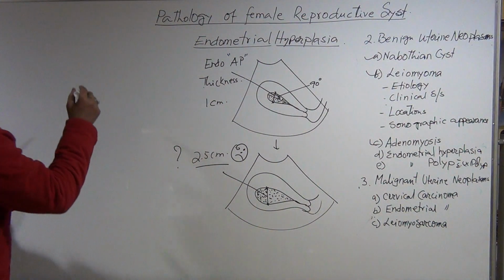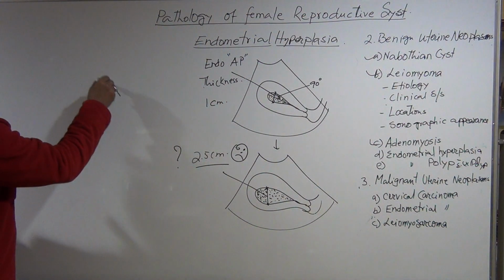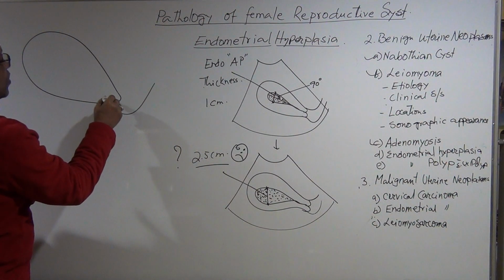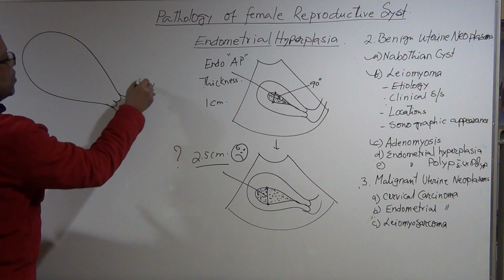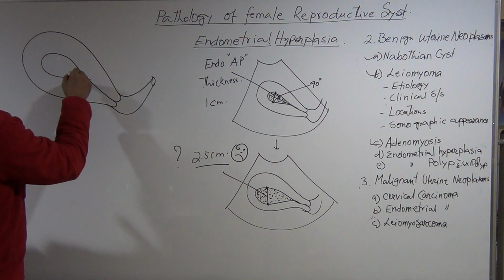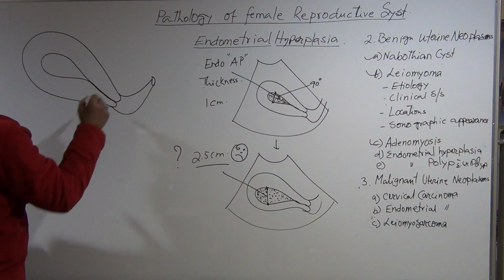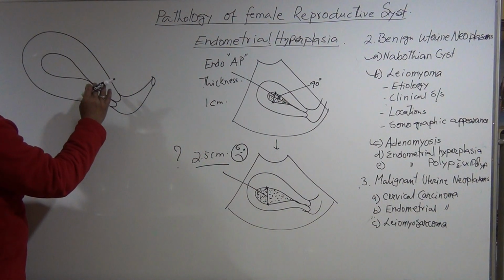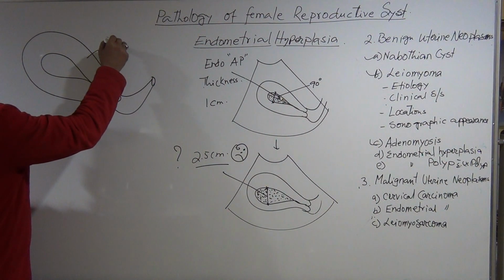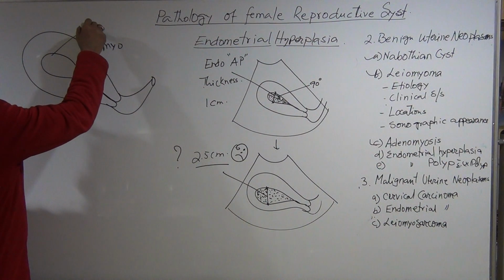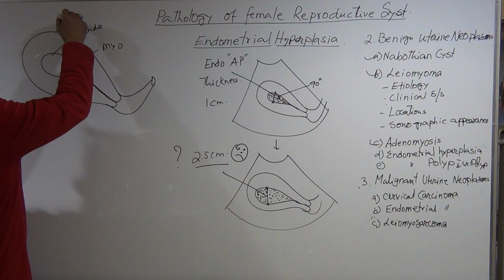So now let me draw: if this is the uterus, this is myometrium, and this is endometrium, and this is perimetrium.